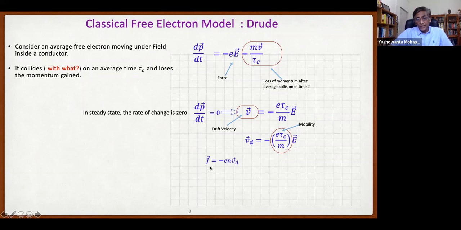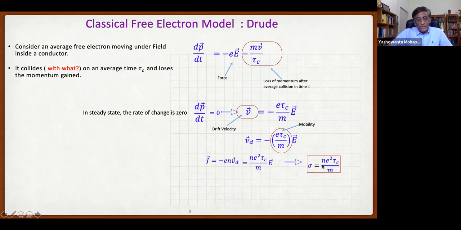Now I can write down the current density J as minus e n Vd, so J is n e squared tau c by m times E. I just replaced Vd here. So J is proportional to E, and J is sigma E, so that is my sigma, n e squared tau c by m.